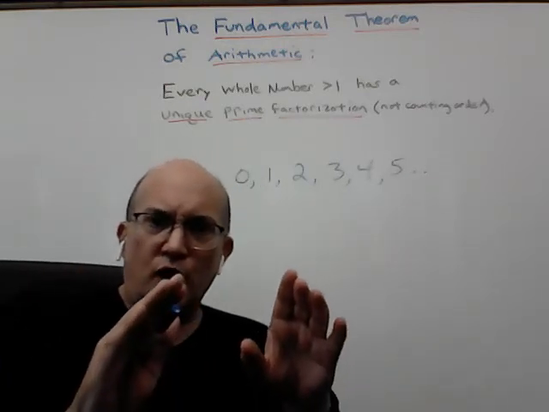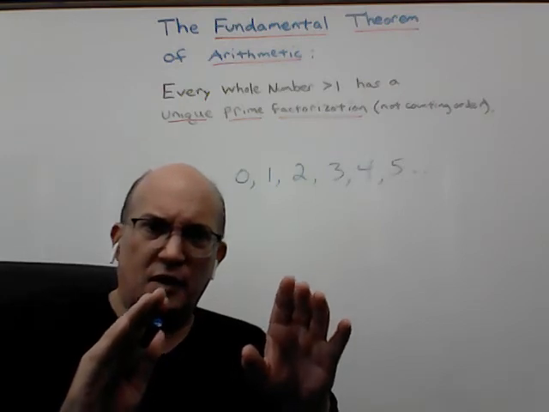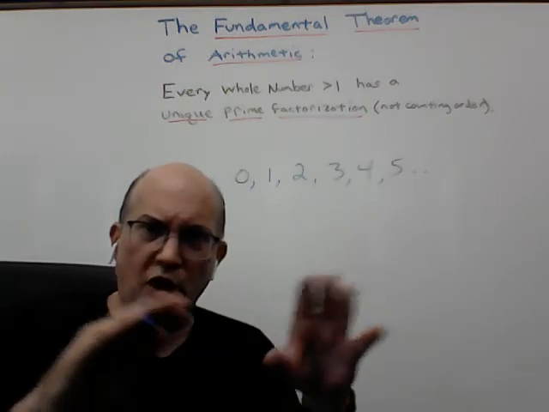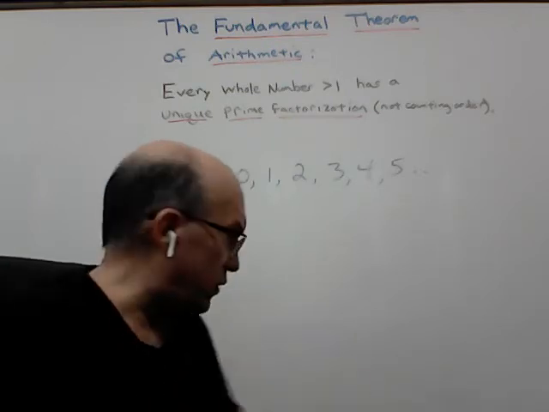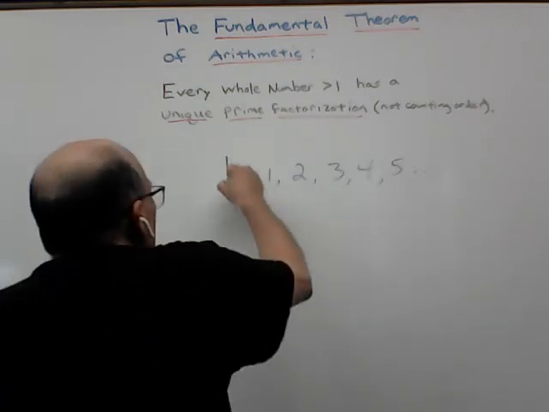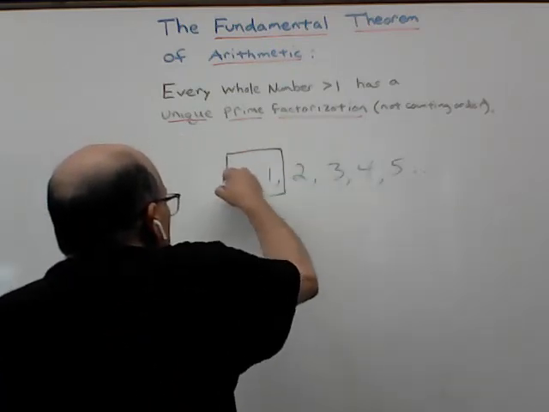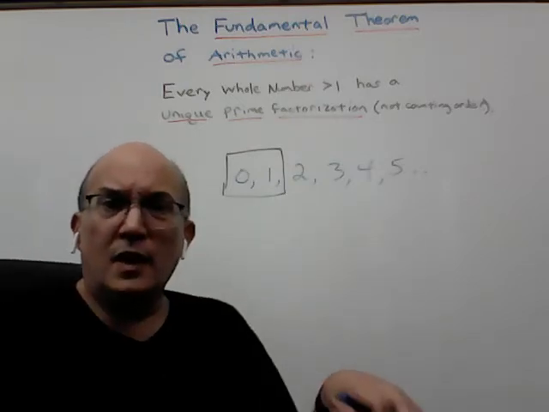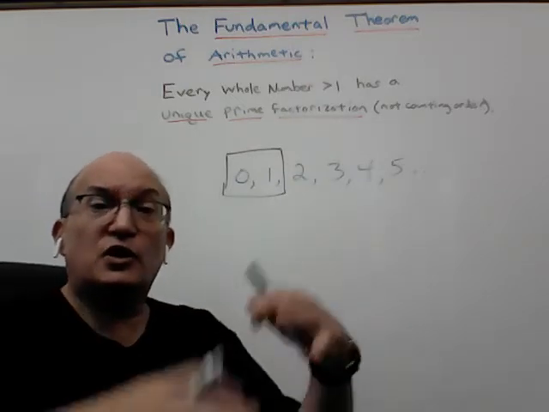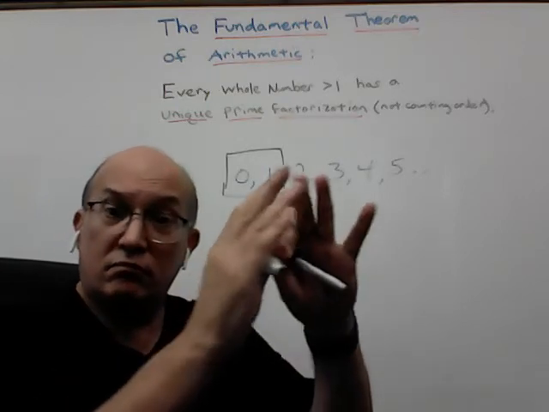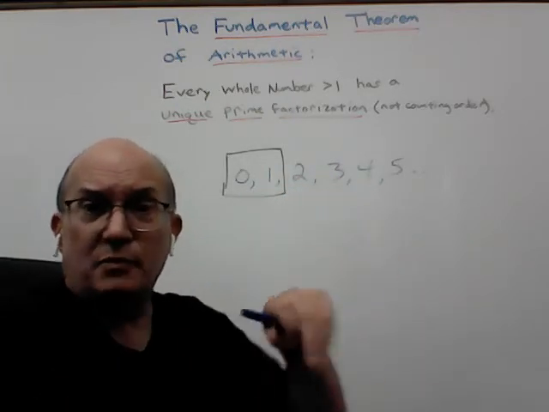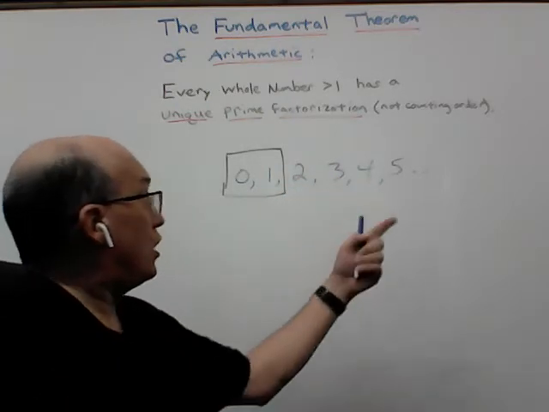So we're going to think of them as being in 3 categories. All of the whole numbers are in 3 categories. One of those categories or groups is 0 and 1. And what we say about 0 and 1 is they're special. They're in a group or a class by themselves.